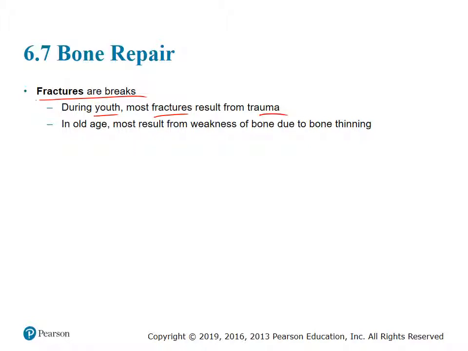Some fall, some hit, something like that, is usually what results in a fracture in youth, in young kids, young children, young adults. We see these types of fractures, and that's really from trauma. When you switch from youth to old age, the breakages are usually from bone thinning, which is a natural process, but can also be influenced by the environment.